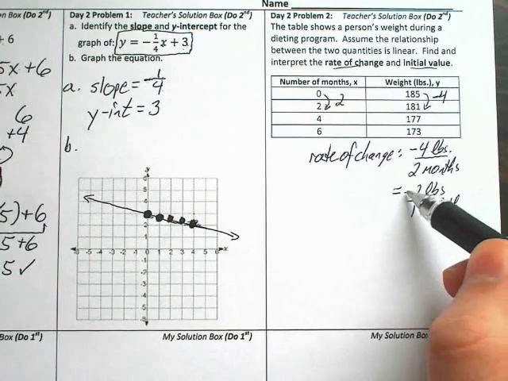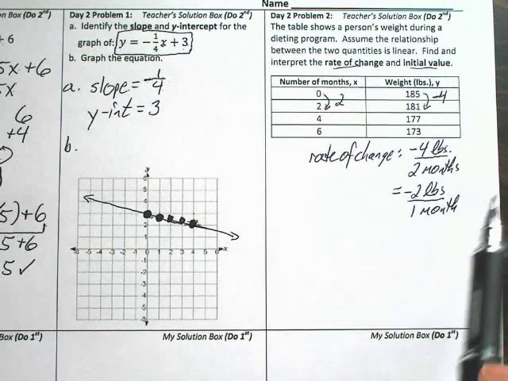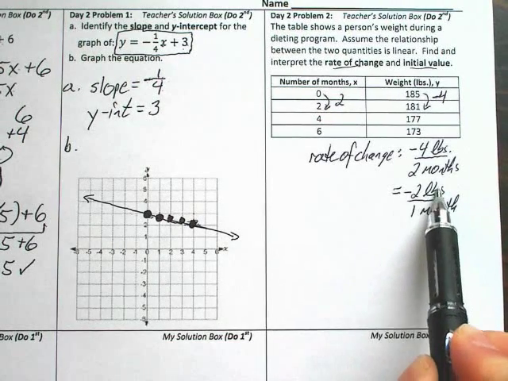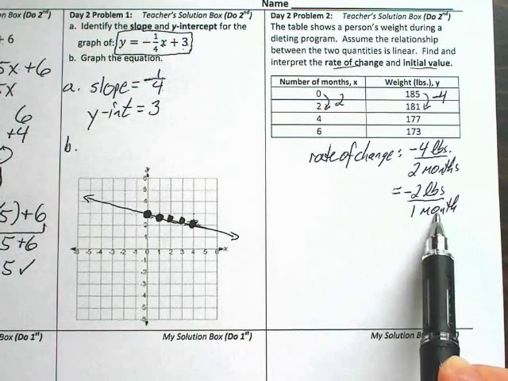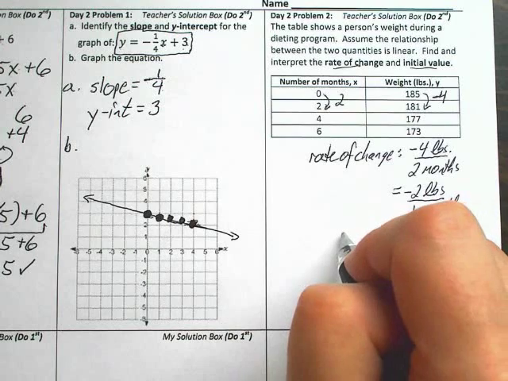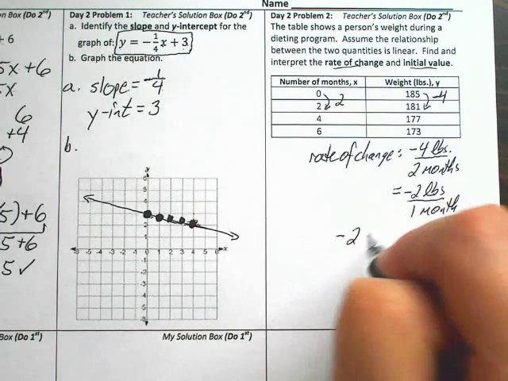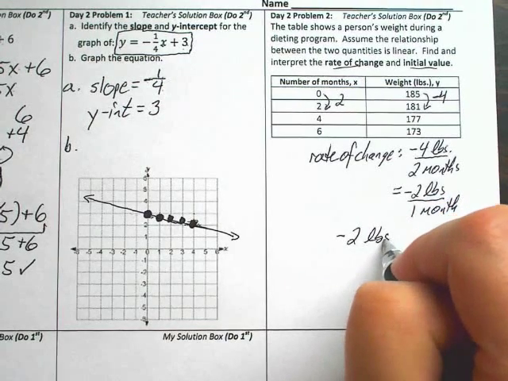And it is this comparison that is rate of change. How does the value of y change when x changes by 1 unit? This could also be written as -2 pounds per month.